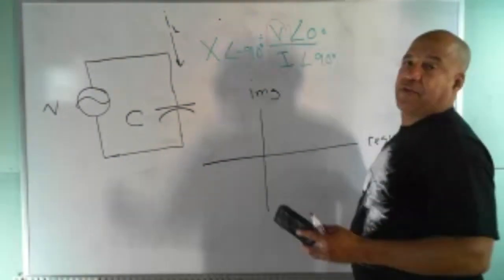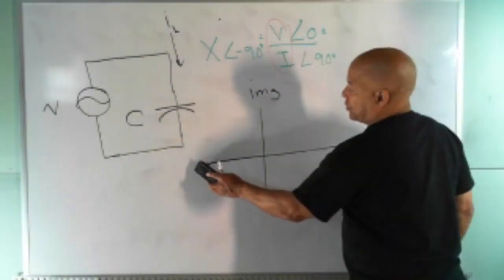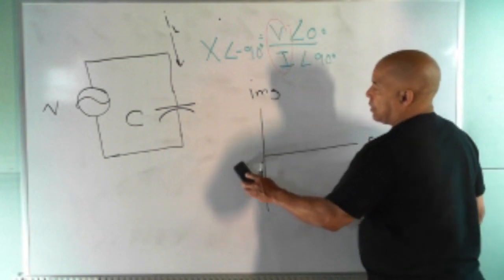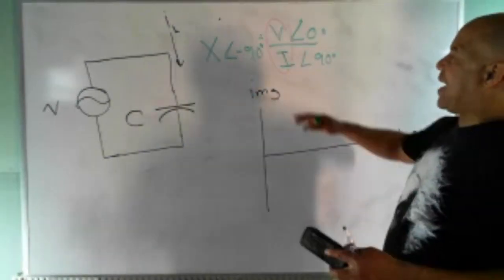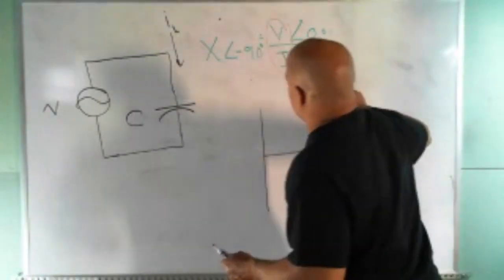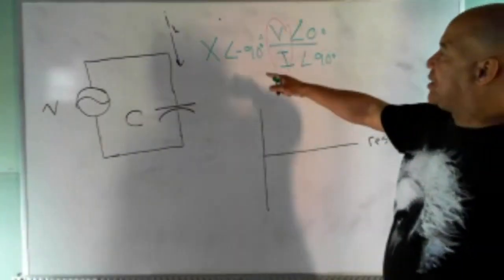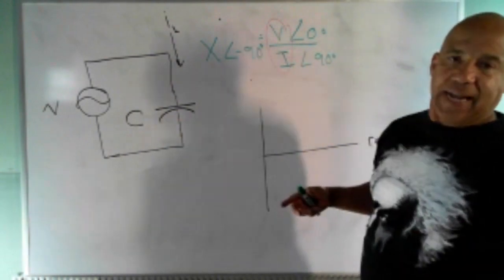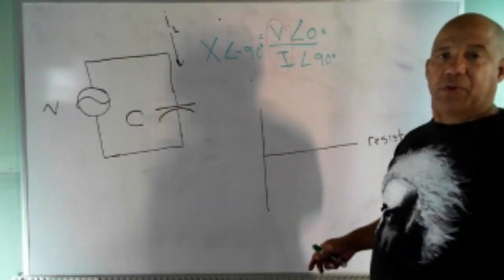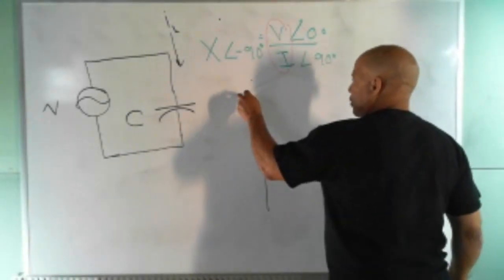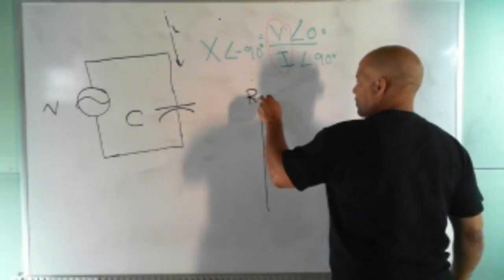And I know that I will never measure any negative values of resistors, so I don't need this part of the axis. And then I showed you that this value X, this reactance, is going to have a phase of minus 90 if it's from a capacitor, or plus 90 if it's from an inductor. So we have to use imaginary numbers for that. So I'm going to change that from the imaginary axis to the reactance axis.